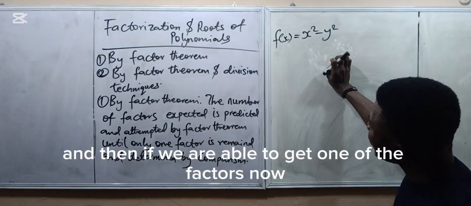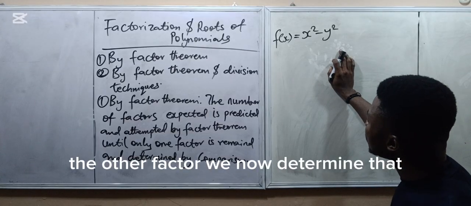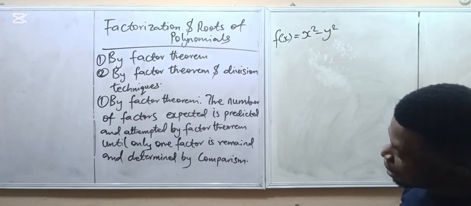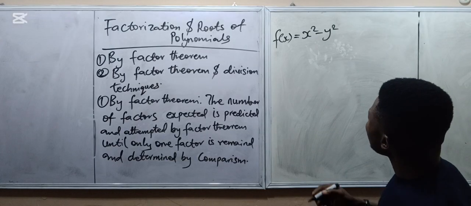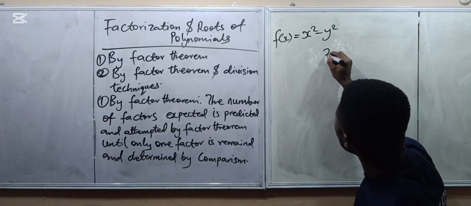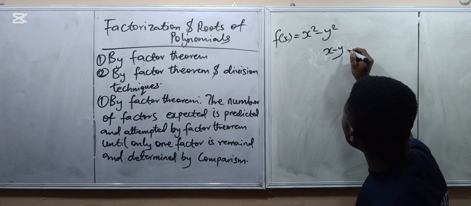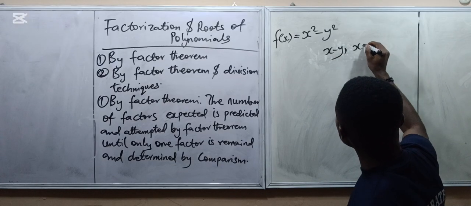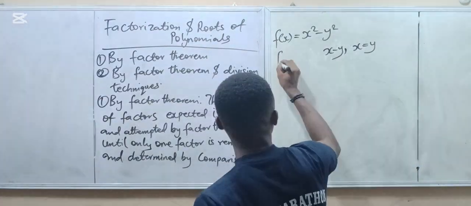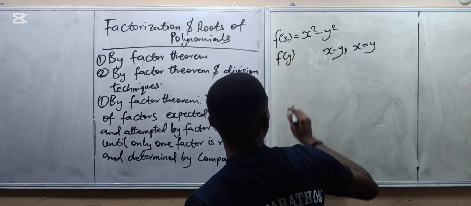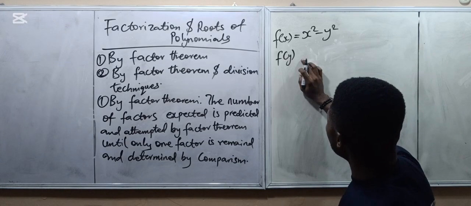And then if we are able to get one of the factors, the other factor we now determine by comparison. Now here, we just assume that x minus y would go on. From here we get that x is equal to y, right? Now we substitute f of y into this equation, meaning anywhere we see x, we put y.